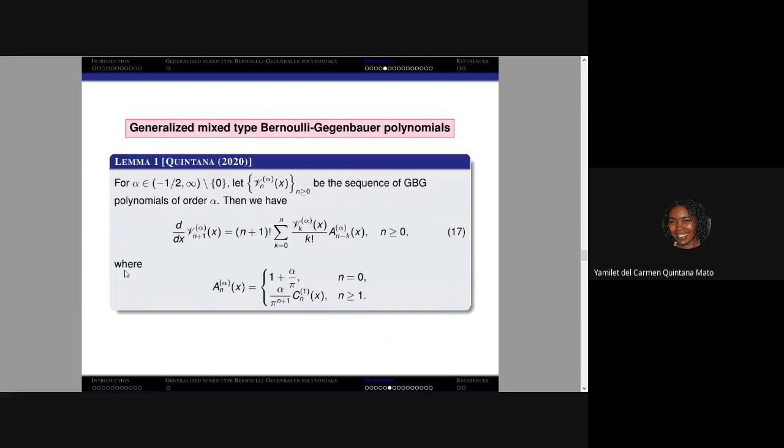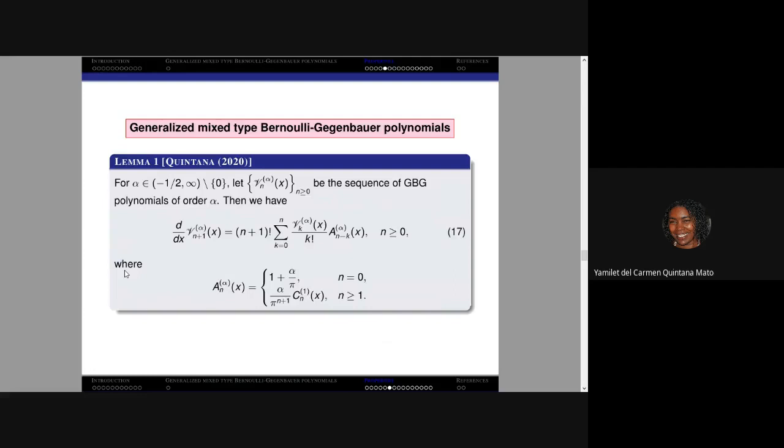The statement of this lemma is the following: for alpha belonging to the open interval minus 1 over 2 to infinity, minus 0, the sequence of GBG polynomials of order alpha has the following property.